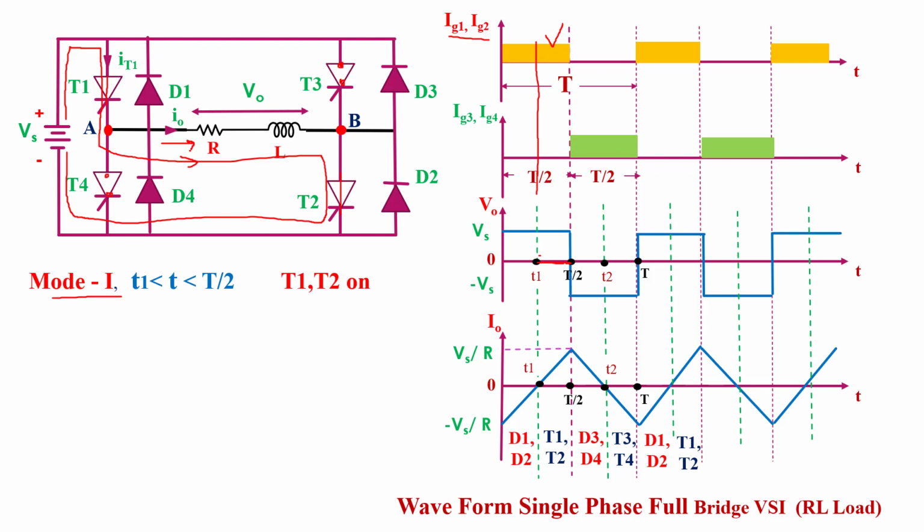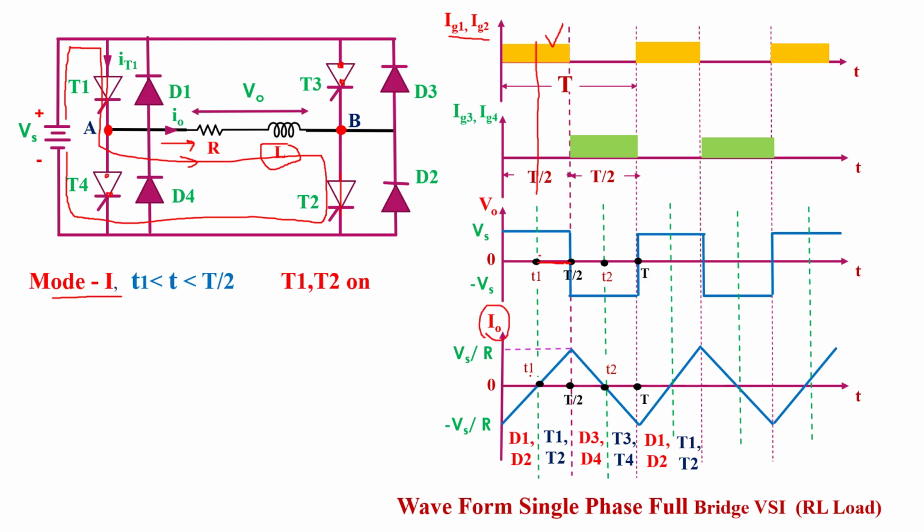This direction is the reference direction of current flow, and this current is considered positive. Current flows in the positive direction, and because an inductor is present in the load, the current grows exponentially across the load, since an inductor cannot allow a sudden change in current. So first we draw the output current waveform.